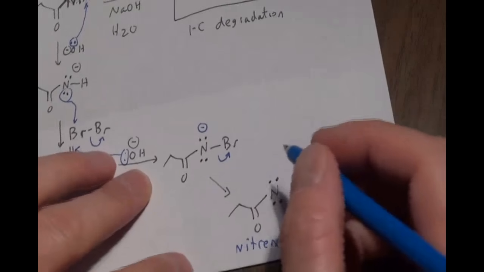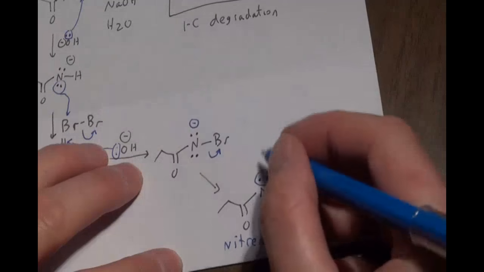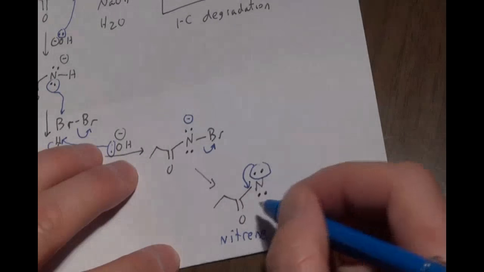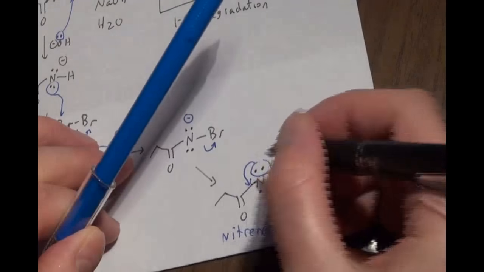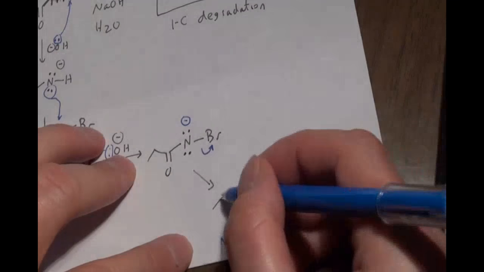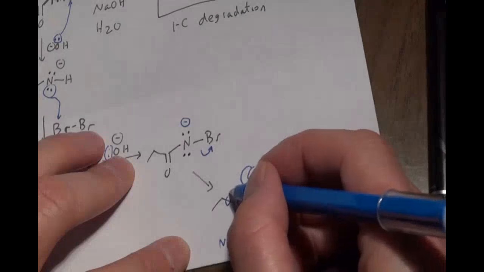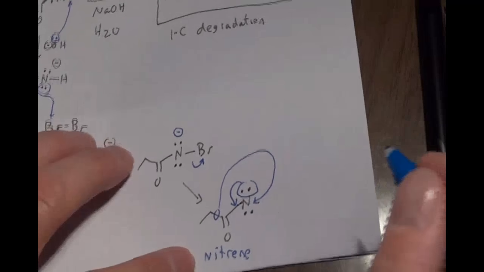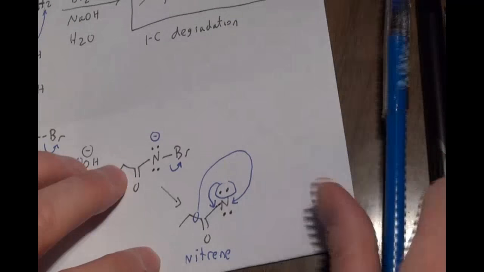So what happens here is we circle the lone pair on nitrogen, it just kicks in, and that forms a double bond to the carbon. And then the maybe weirder thing happens. We're going to circle this bond and have it jump. That's kind of an unusual thing there, right?